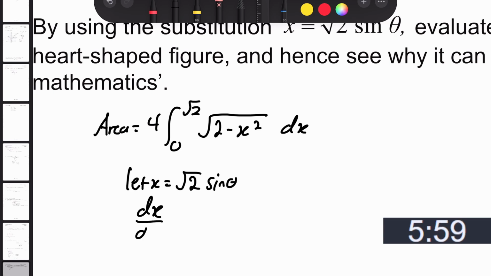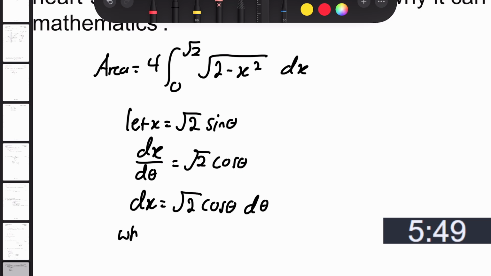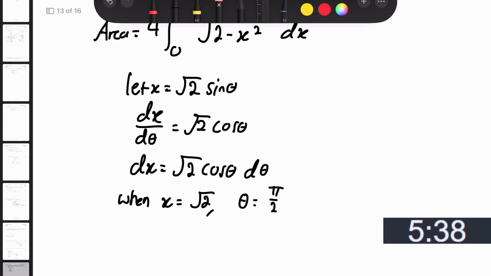Then dx d theta is going to equal square root of 2 cosine of theta, so dx is square root of 2 cosine of theta d theta. When x is equal to square root of 2, theta is going to equal pi on 2. When x is equal to 0, theta is equal to 0.